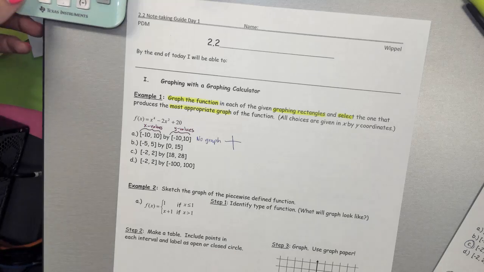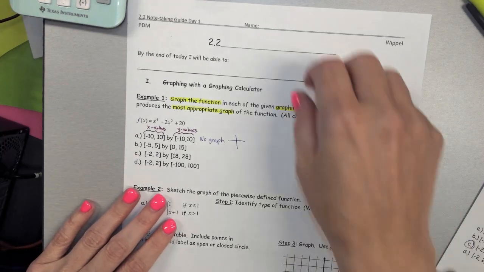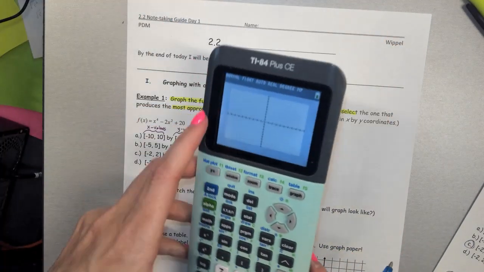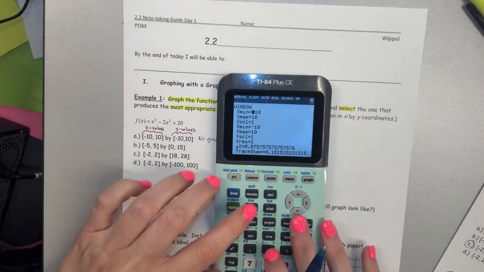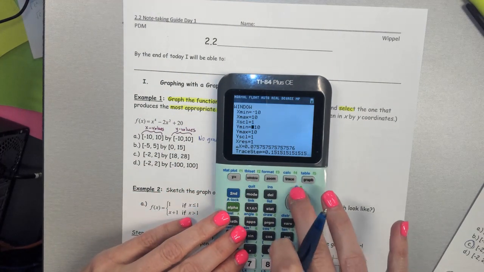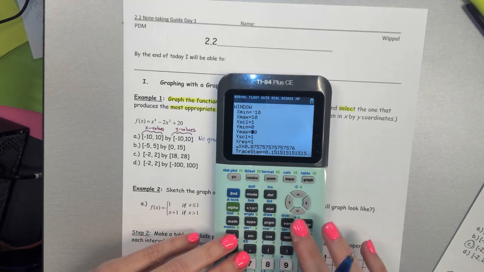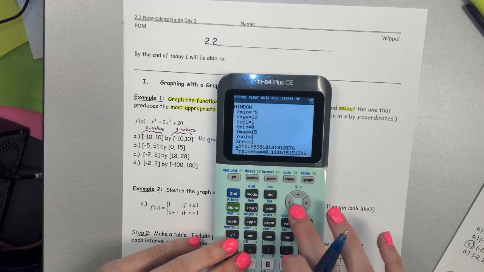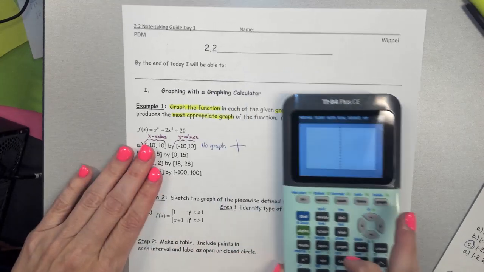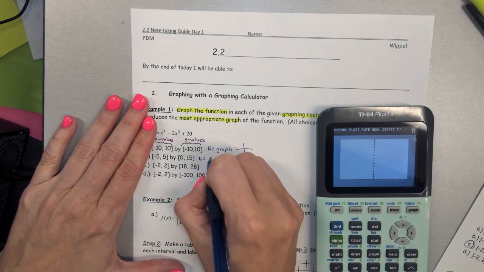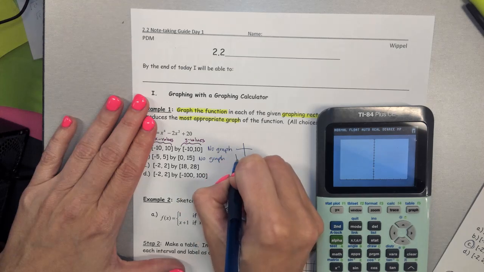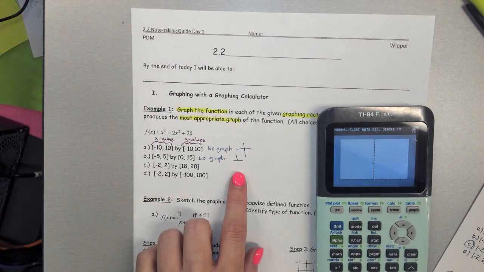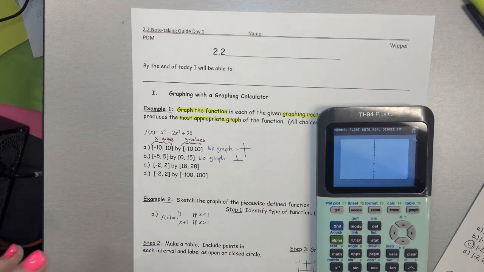Did you see anything on your window there? No. Let me change this to negative 5 to 5. All right, so there was no graph visible there, but it did change, right? So we had a scale there.